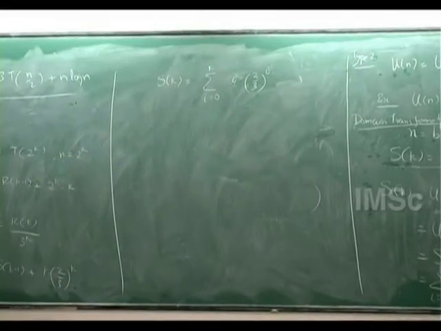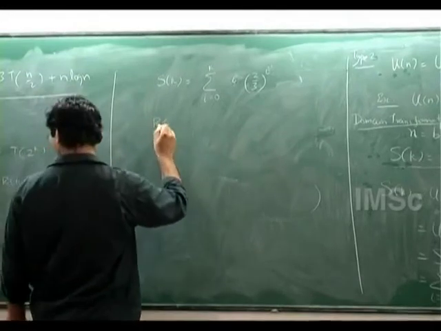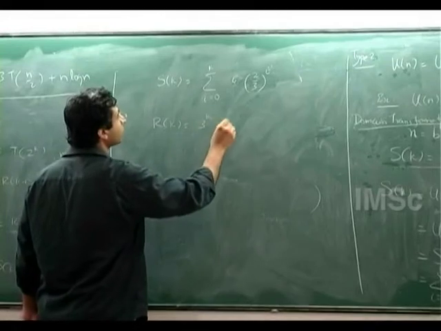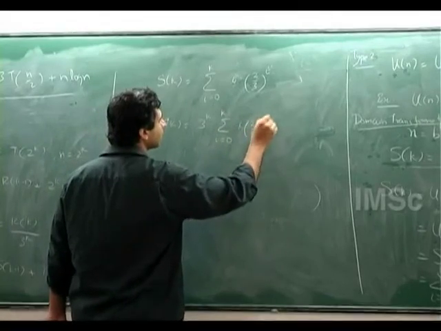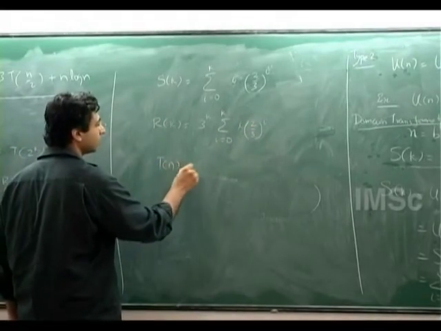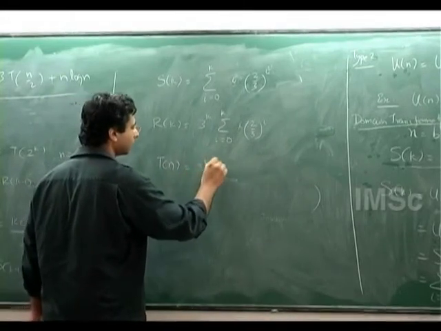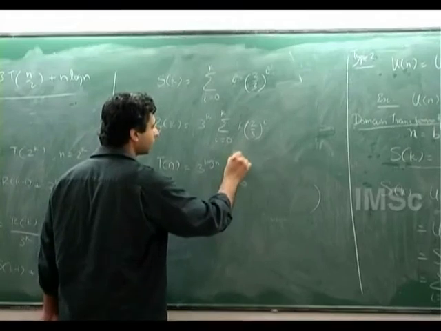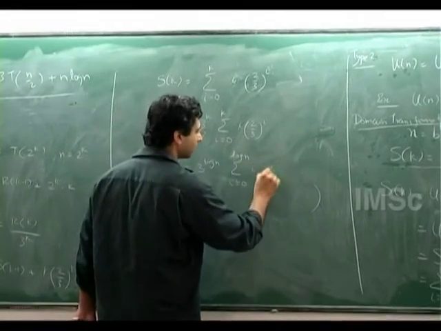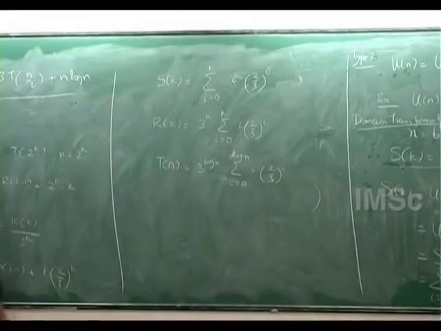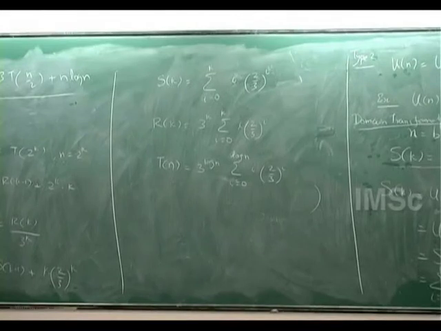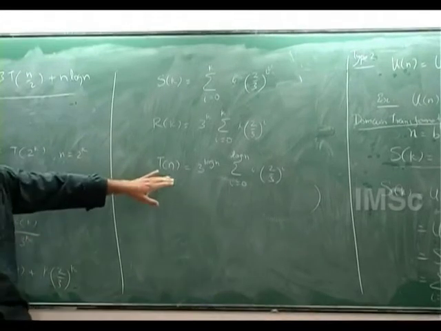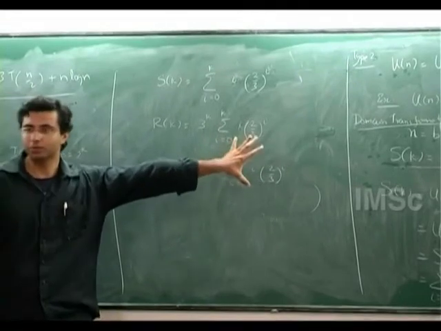Going back, I get R of k is again 3 raised to k times this, and T of n is 3 raised to log n times the summation i from 0 to log n of i times this. So even when master theorem is failing, we can still do the domain and range transformation, reduce our recurrence to a fundamental recurrence, and we get that T of n is this sum. Okay, how do we bound this sum?